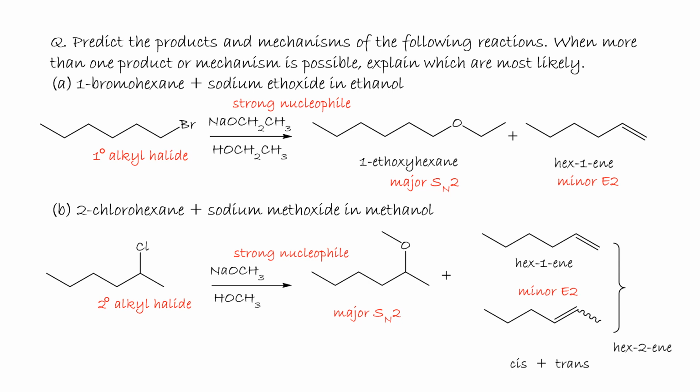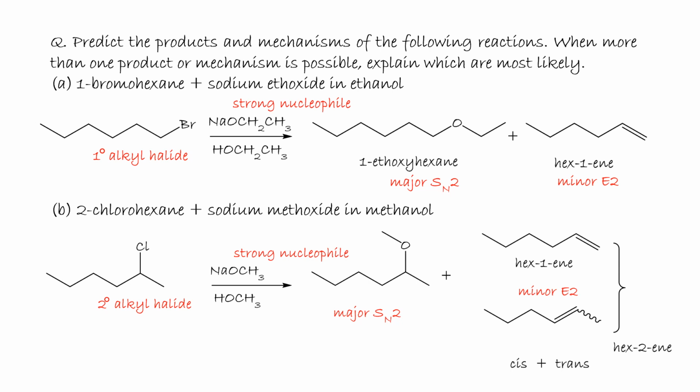Let's solve this problem: predict the products and the mechanisms for the following reactions. When more than one product or mechanism is possible, explain which are most likely. So you have 1-bromohexane with sodium isopropoxide.